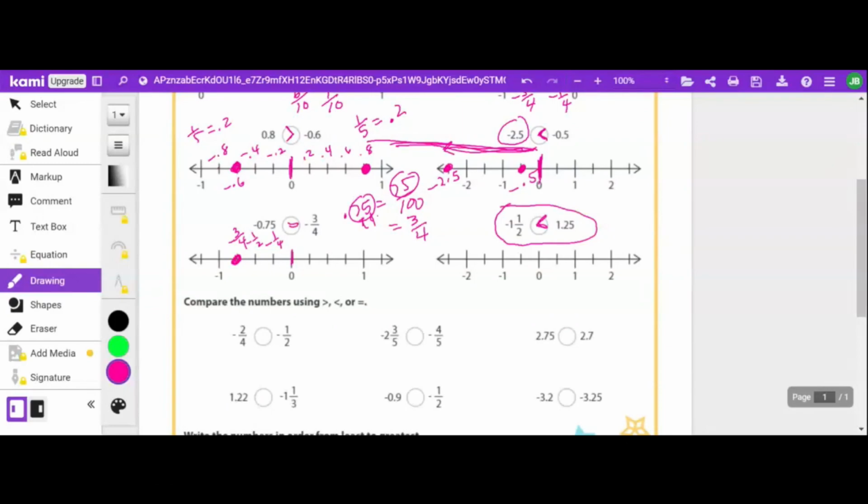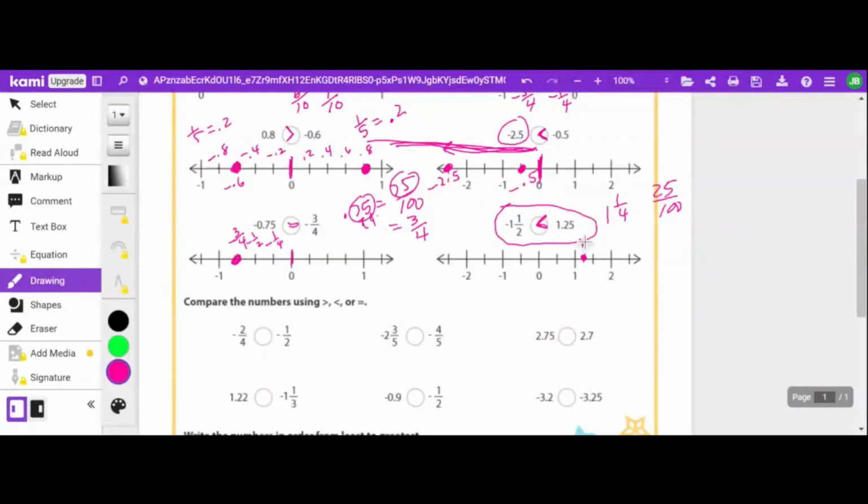Okay. Then to plot this, 0.25 is a fourth, because 25 over 100 is 1/4. So this is marked off in halves. So 1 1/4 would be right here.